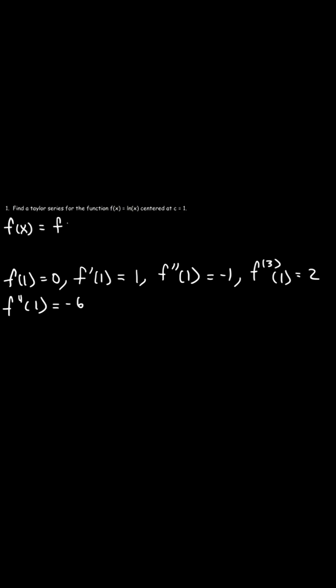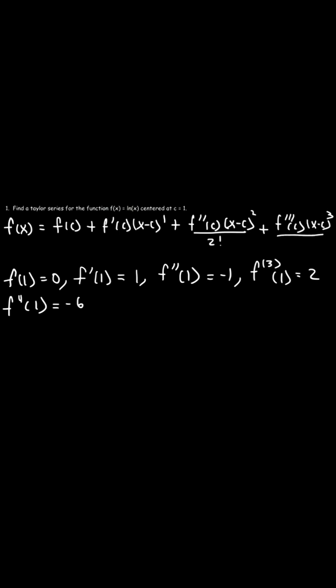So it's f of c plus f prime of c times x minus c to the first power plus f double prime of c times x minus c to the second power divided by 2 factorial plus the third derivative evaluated at c times x minus c to the third power divided by 3 factorial, and then it just continues.